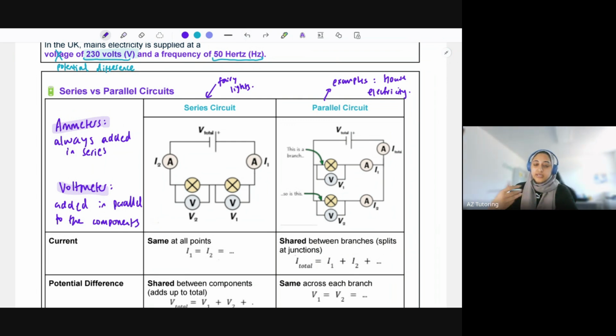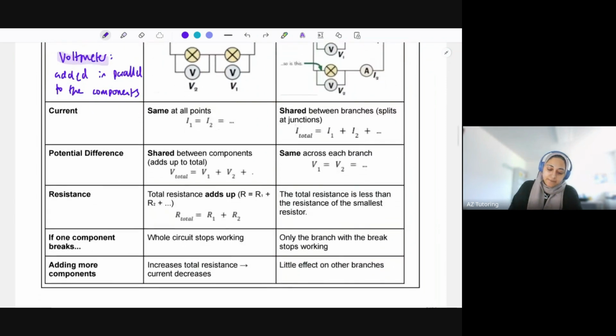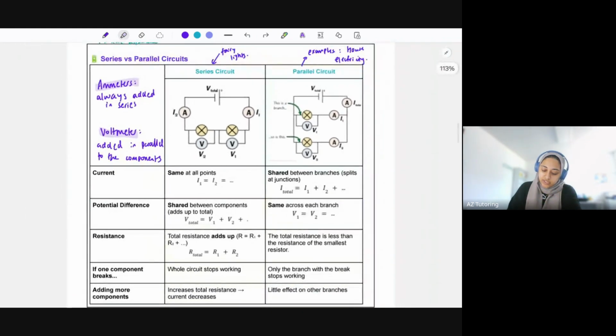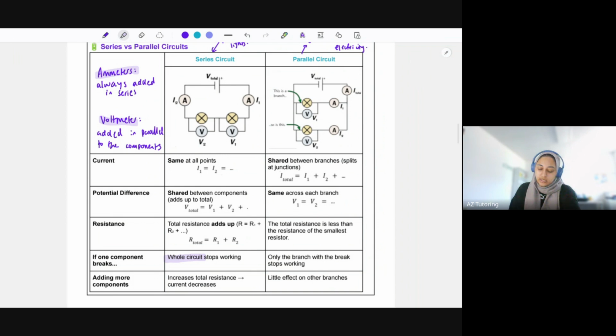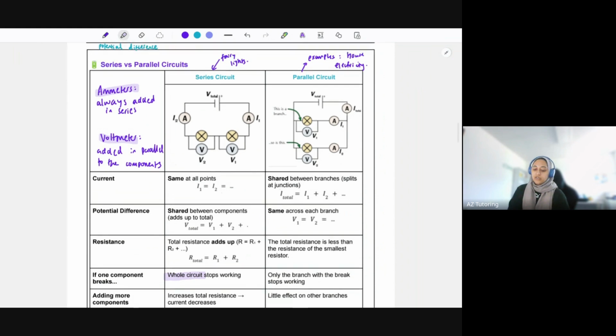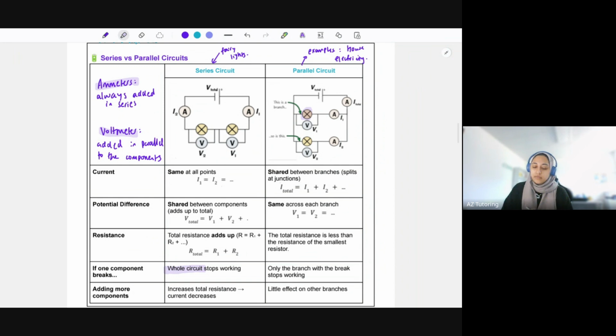You might get asked, why is the parallel one more common? Now, if one component breaks on the series circuit, the whole circuit stops working. So it's more advantageous to use a parallel circuit, because if something breaks here, say, for example, that filament lamp has blown, then just that line will not be working, but the rest will be completely fine.